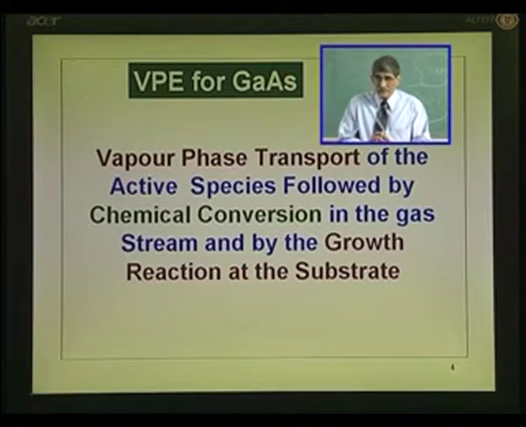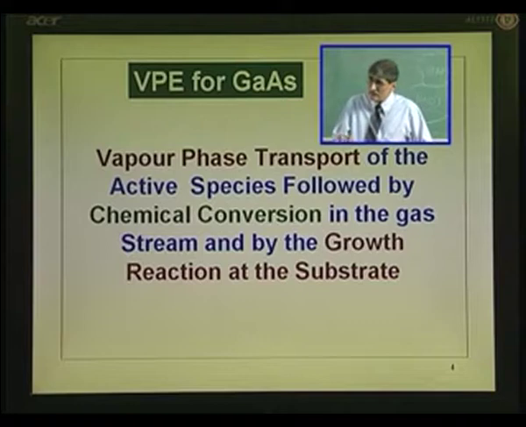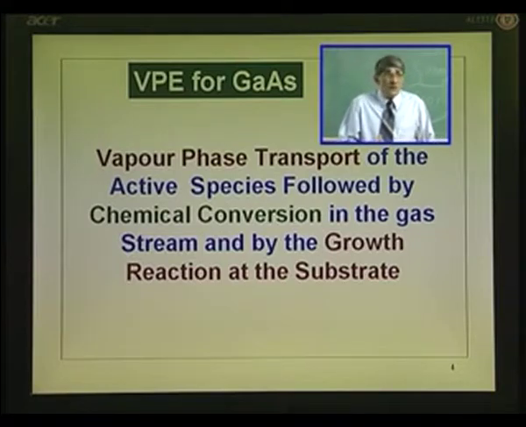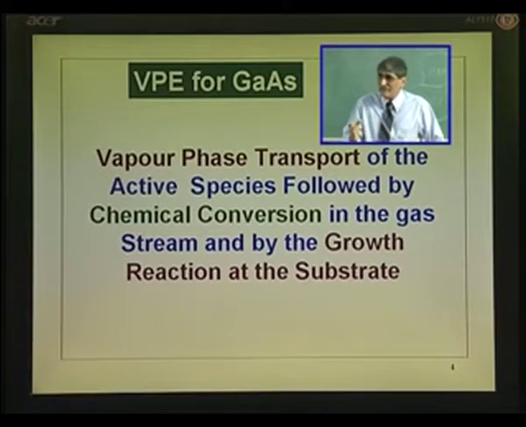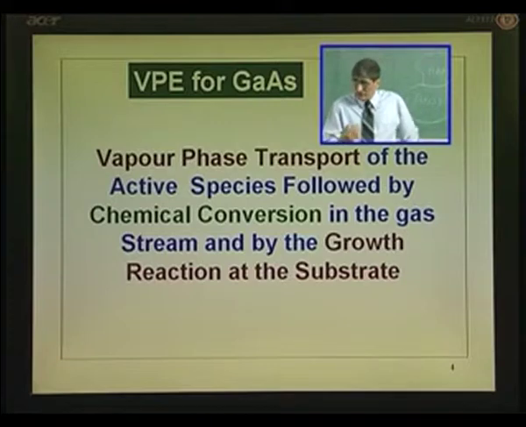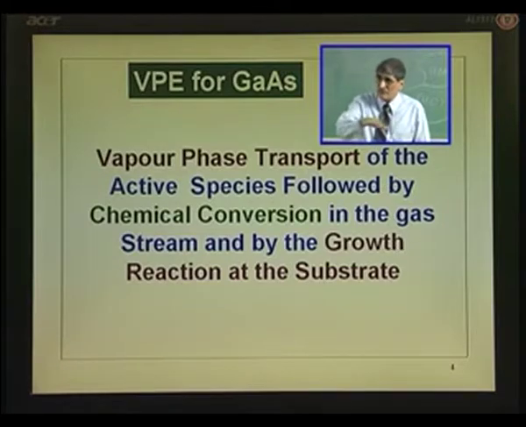For example, if you talk of silicon, you would talk of the volatile compound, that is silane, SiH4, or silicon tetrachloride. I am sorry, not arsine, it is silane for silicon, or silicon tetrachloride. Then release silicon from that. The reaction will be taking place on the surface of the substrate. So, that is the thing.